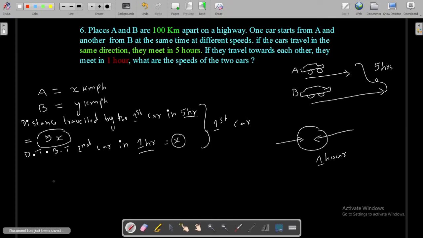Now let us see for the second car. So distance traveled by the second car can be given as 5y in 5 hours and y in 1 hour.